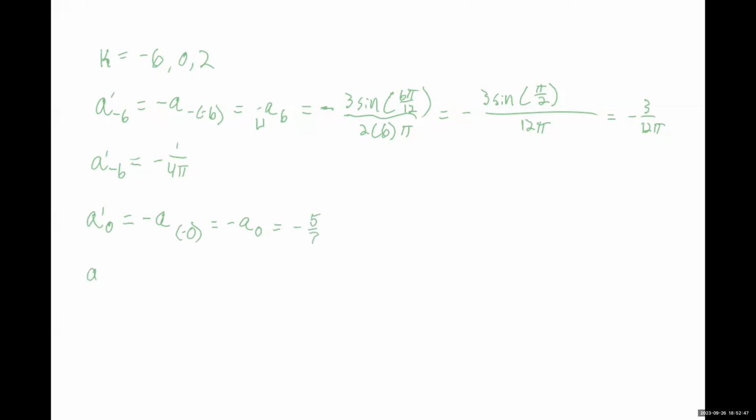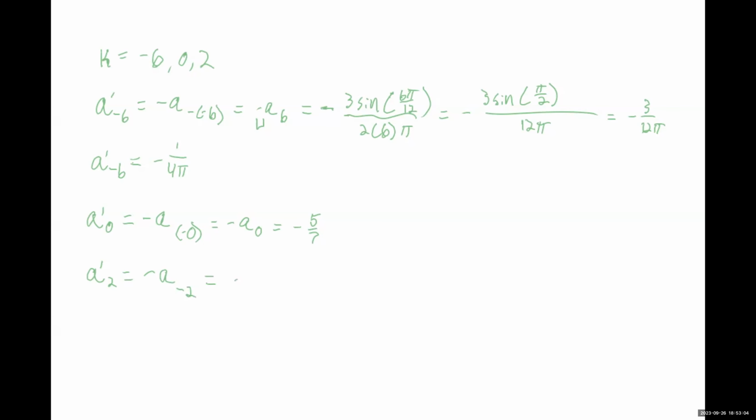Now for a prime of 2, we're going to get -a of -2. And we're going to once again use the equation.